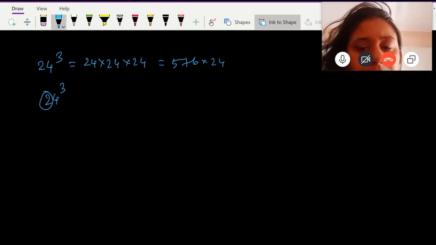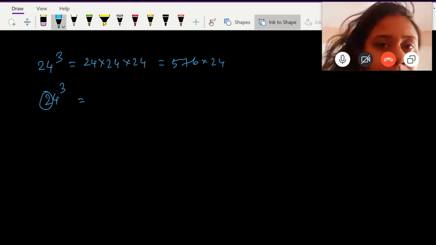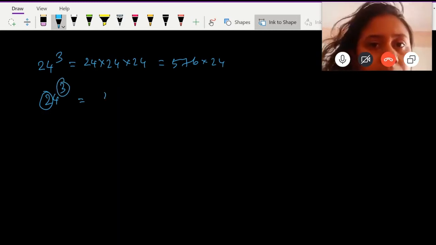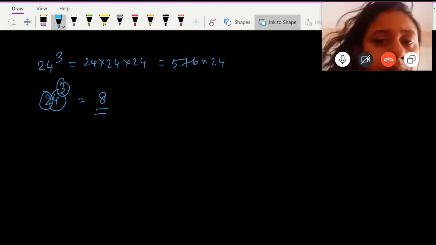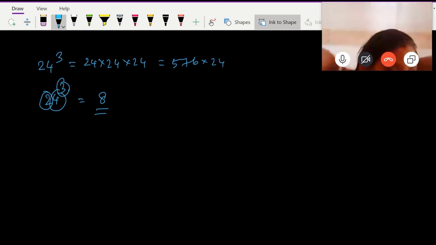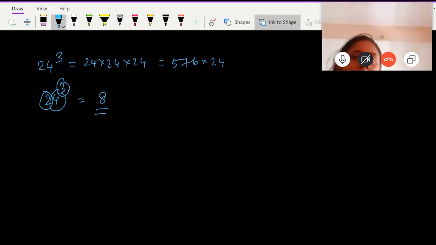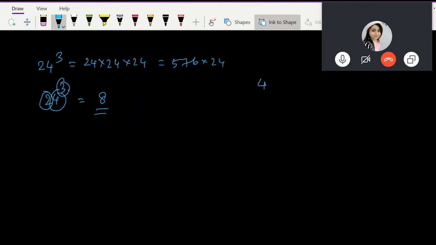What is that? 2, right? 2 whole cube, which is 8. We write 8. We look at the last number, 4 whole cube. What is 4 cube? 64. So we write 64.